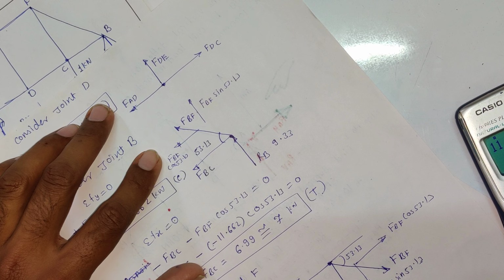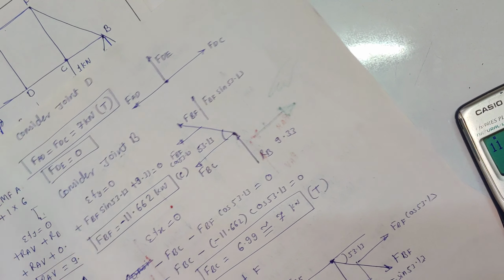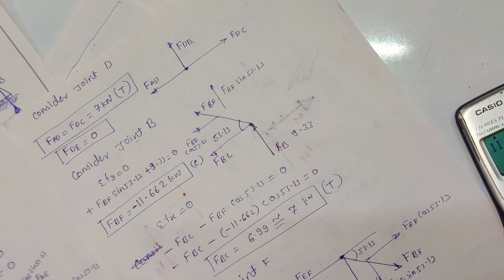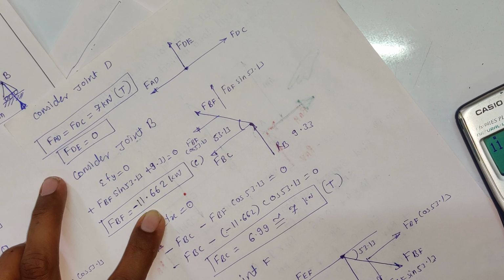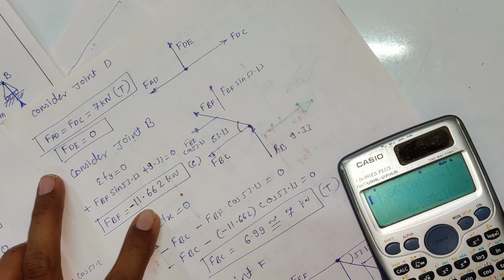So FEF is equal to FBF cos 53.13. How much? FBF, that is minus 11.662 cos 53.13. So it is equal to 11.662 cos 53.13.